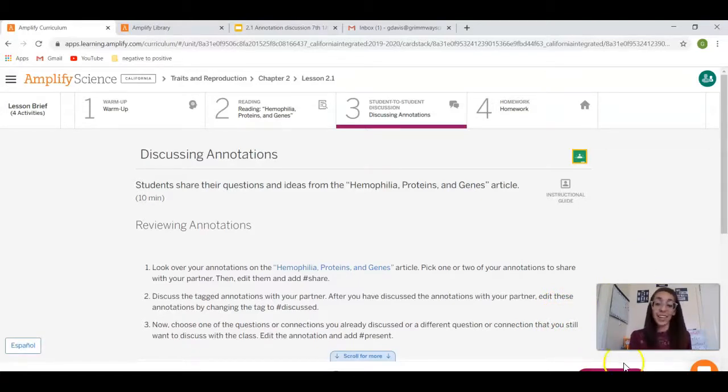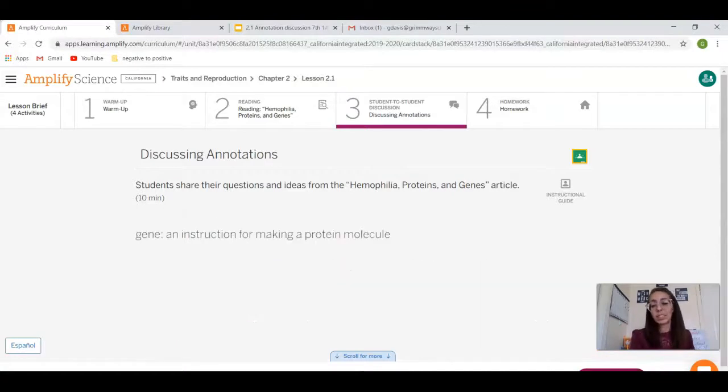Now that you've read the article, I want you to think about genes. So we read in the article that genes are causing a disruption in the proteins, and so there's one protein that's not being produced for some reason and causes these people to not get scabs.